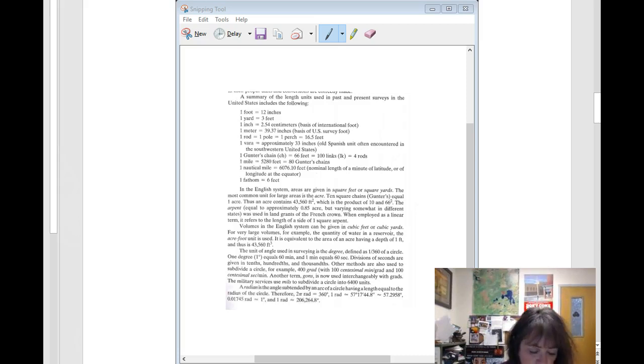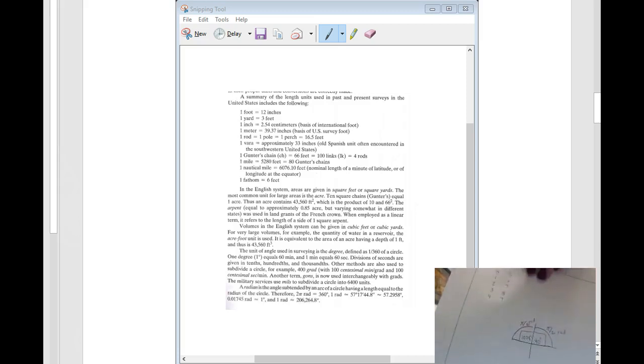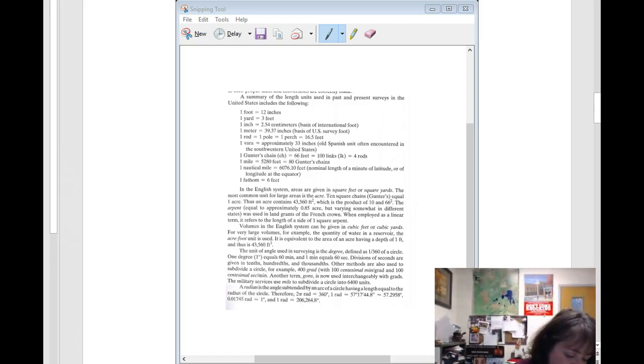We know from the little picture that I drew that pi over 2 radians is the same as 100 grads. So I can use that as my conversion factor. I write on the bottom 100 grads, and on the top pi over 2 radians.